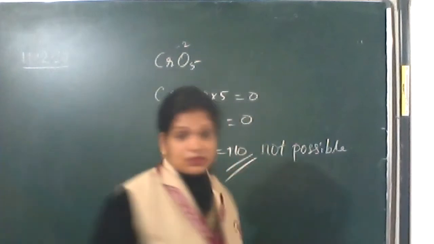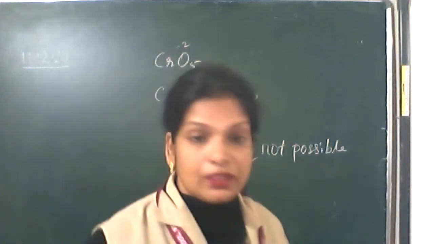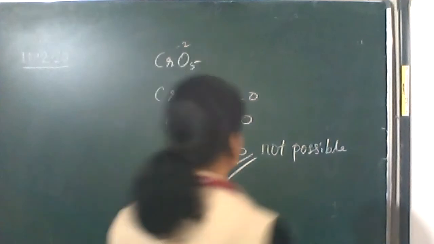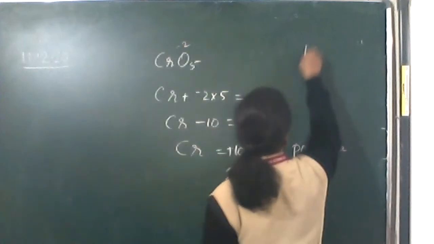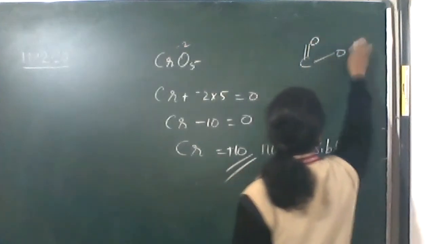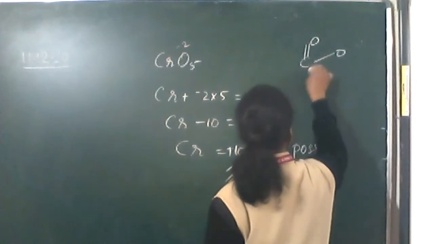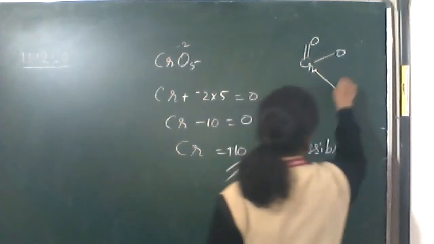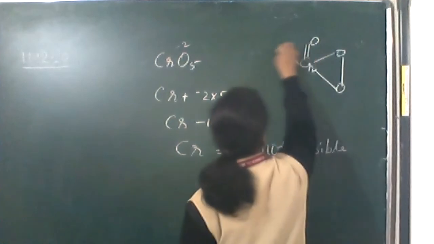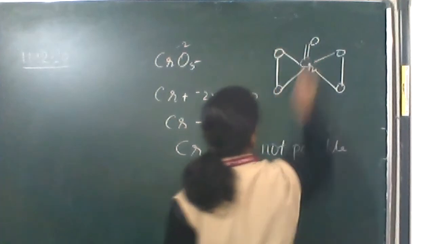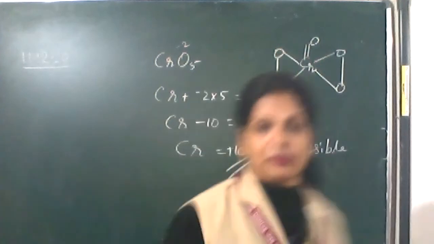You cannot memorize all structures by heart, only those given in your syllabus. So Cr, O, this O. The structure is like a butterfly.